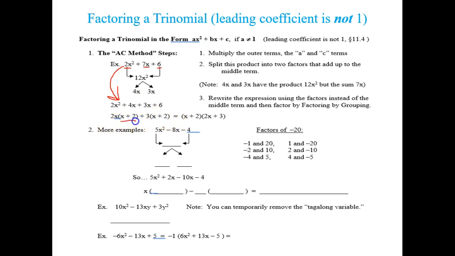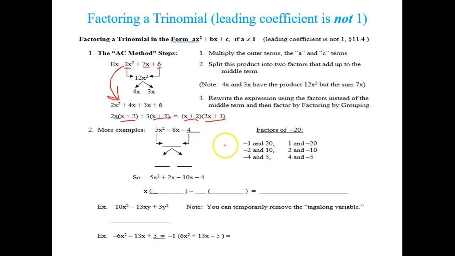And then since we have the same binomial factor, x plus 2, in both of the bigger terms, I can pull that out, I can distribute that out, and then that leaves me with 2x plus 3. All right? So we just did factor by grouping to finish this off and to get our answer, which is x plus 2 times 2x plus 3.